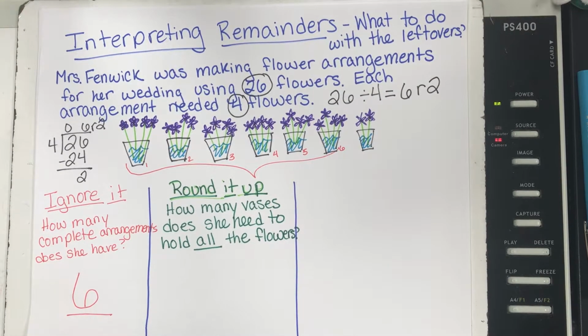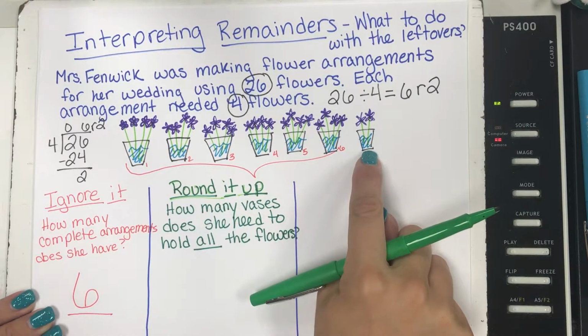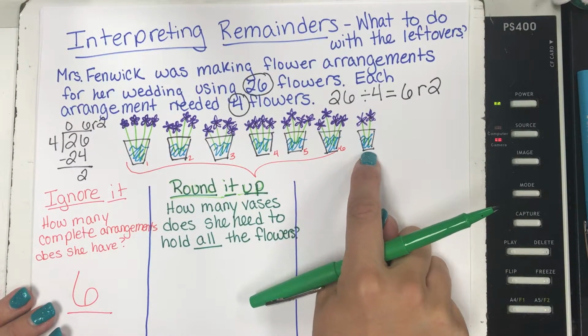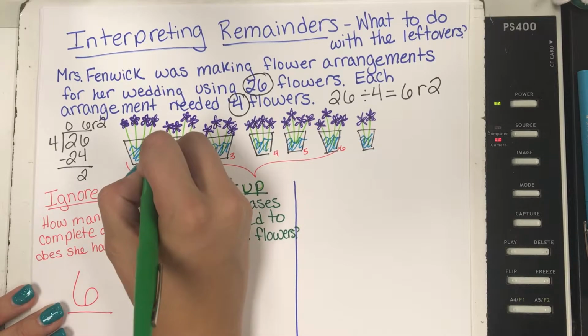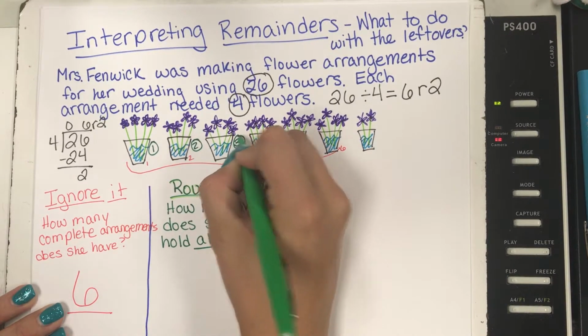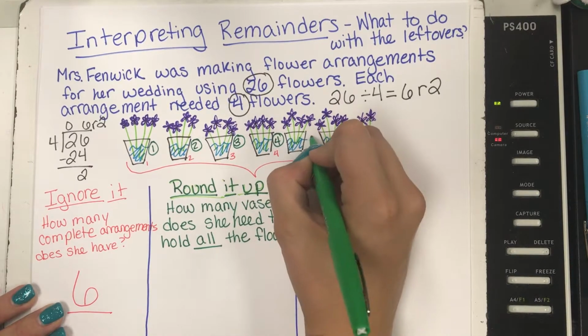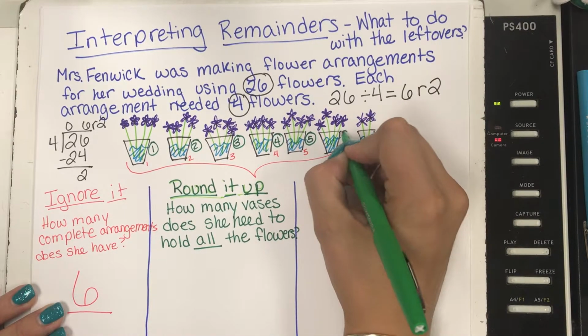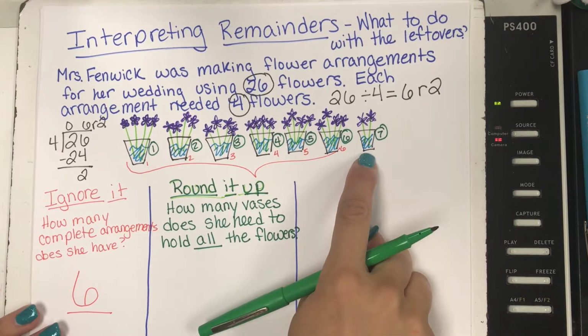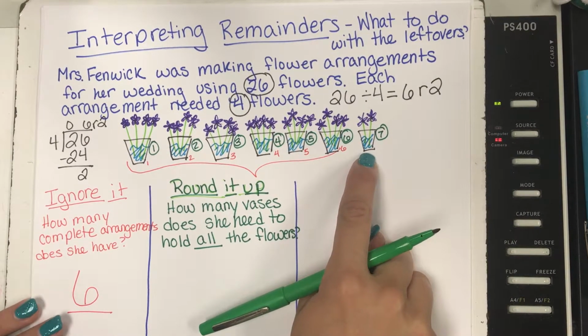Okay. This is where I can't leave these out. I have to include this one. If I want every flower in vases, I have to include it. So here, I have to say, well, here's 1, here's 2, here's 3, here's 4, 5, 6, and even though this one's not full, I have to include it. Okay?